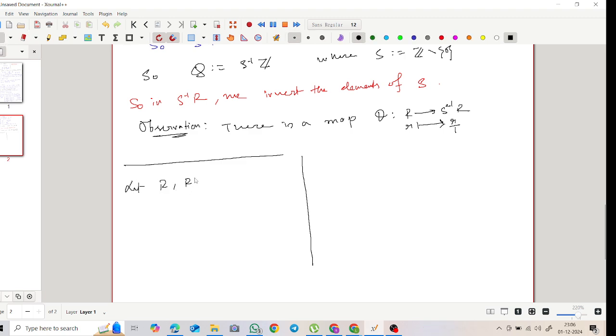Let R and R prime be two rings with unity.